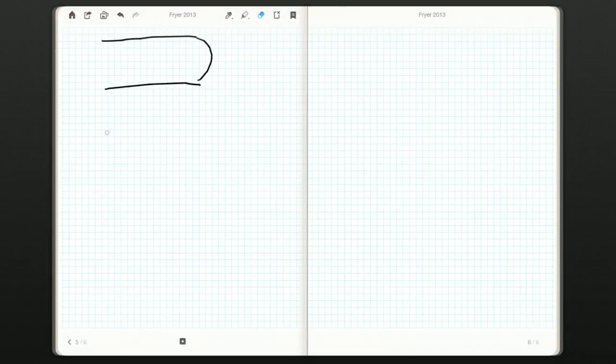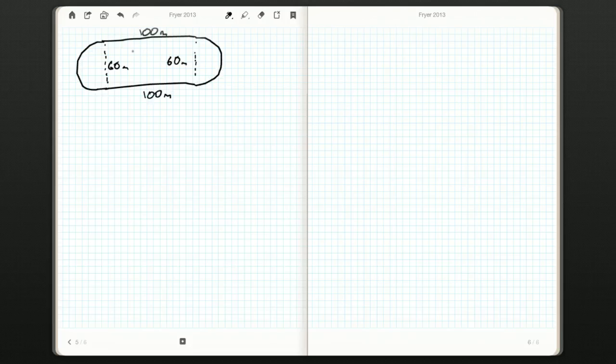Oh, that's ugly. That's awful. We'll draw our rectangle at first, and then we'll draw our semicircles. So 60 meters, and then we have 100 meters.